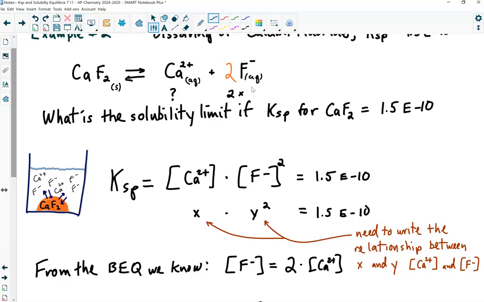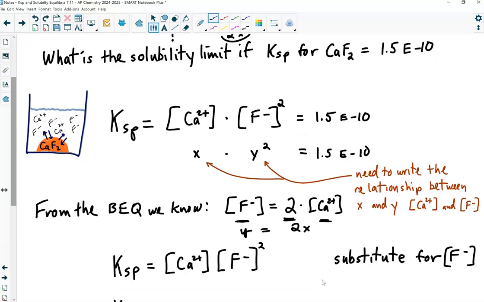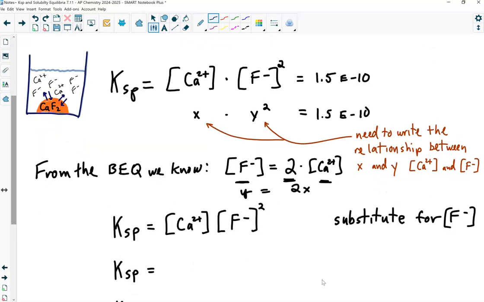So if you just say that to yourself, the fluoride ion concentration is always going to be twice that of calcium because of the 2. So now we have our equivalence. y equals 2x, if you're using the x and y notation. So that y, that concentration of fluoride, is always going to be twice the concentration of calcium.